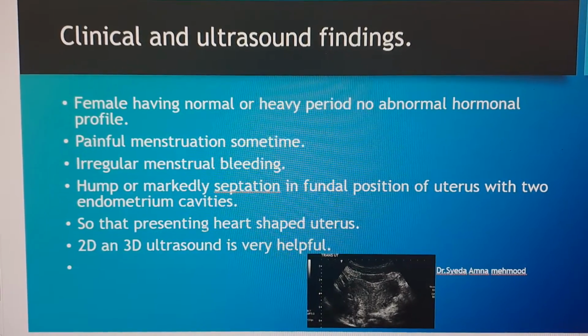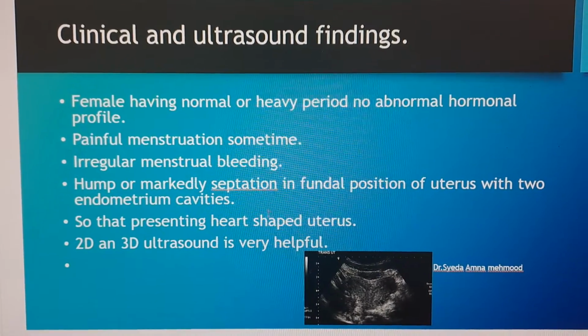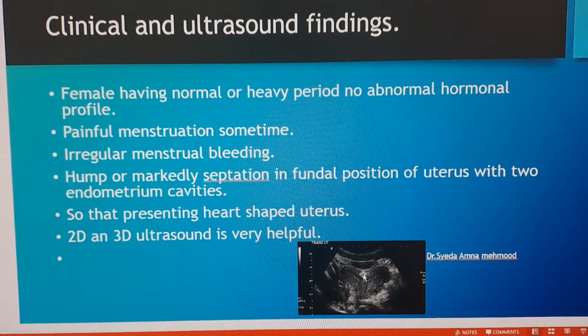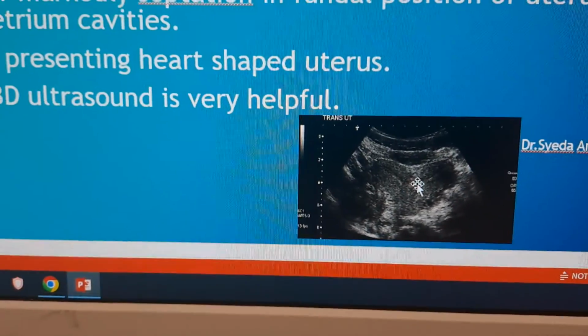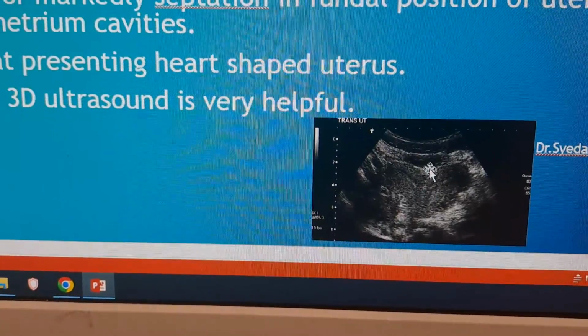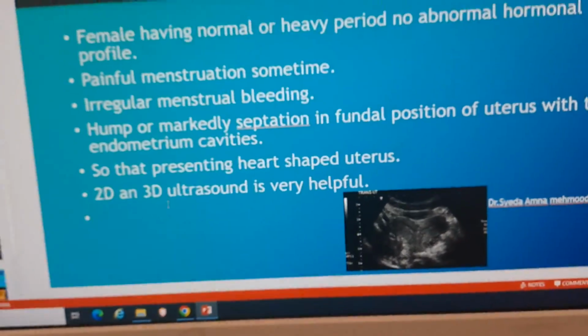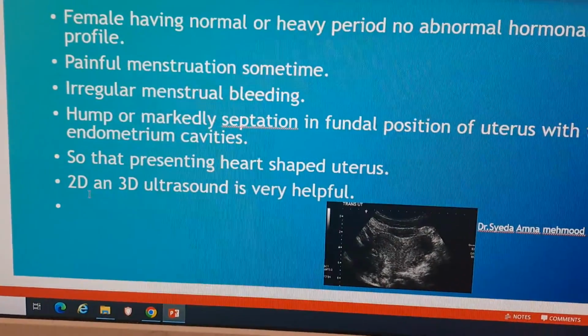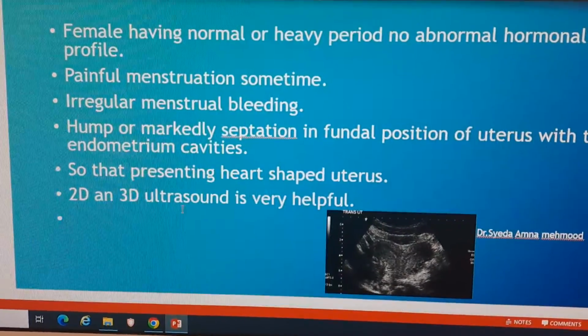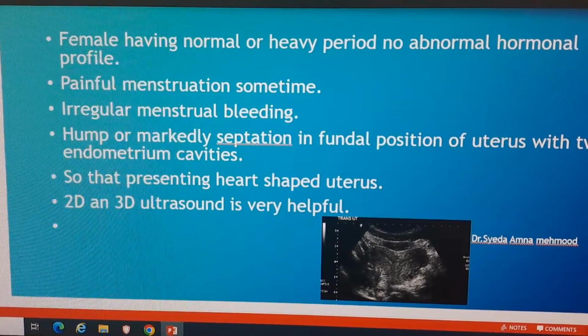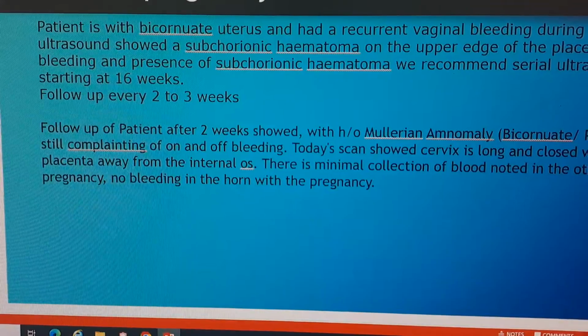So on ultrasound it presents as a heart shape, as you see in this picture, a heart-shaped uterus. You see the hump here, and there are two cavities of the endometrium. We have to do the 2D scan plane, and then 3D is much more helpful to see the cavities of the endometrium.